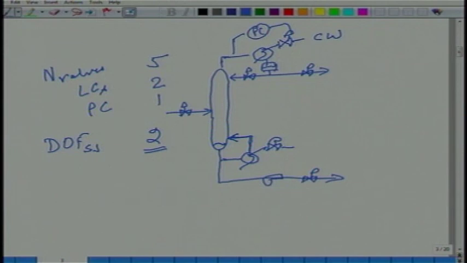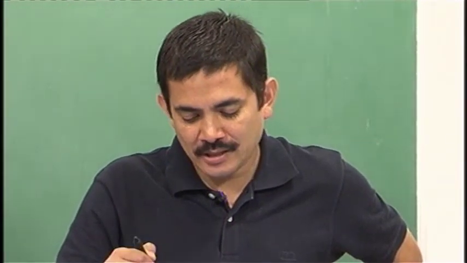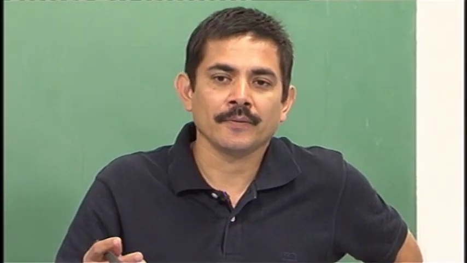Now if you think about it, and you would have done this in your courses, if you are not getting the desired separation, that means let us say the distillate is getting too much heavy key impurity, or too much light key impurity in the bottoms, what will the operator do?